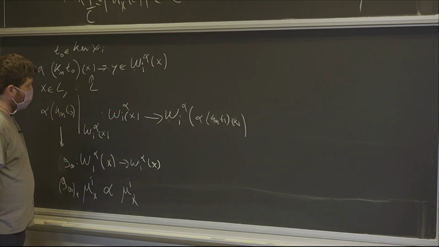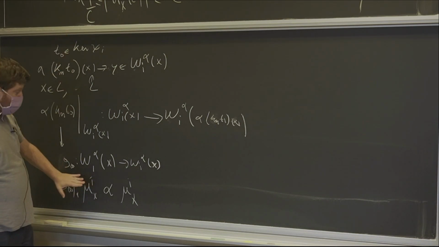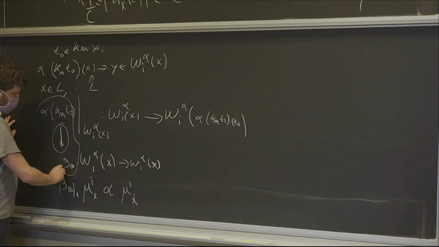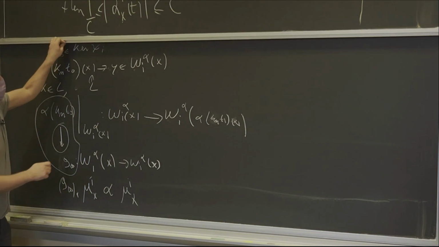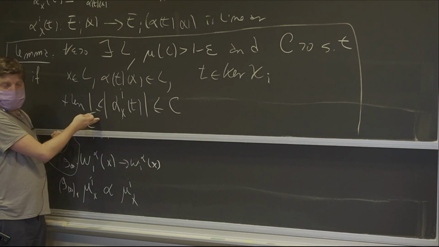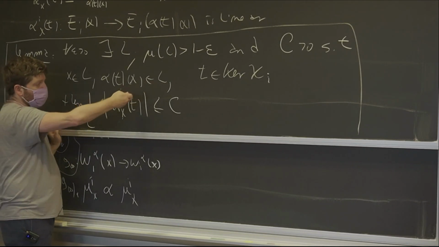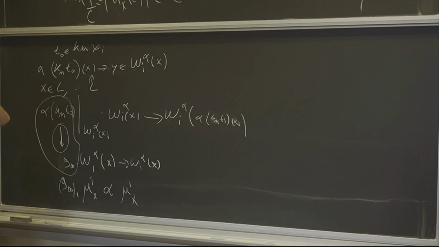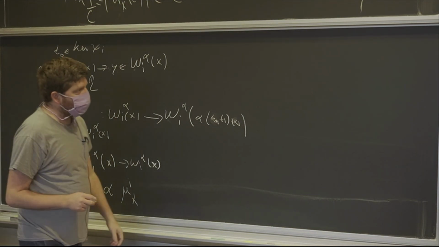Okay, so I will still discuss a little bit this end of the argument, but the whole point is in this arrow, why I can do this, and it is because of the lemma. So this tells me that I can take a subsequence. Okay, so proof of the lemma.